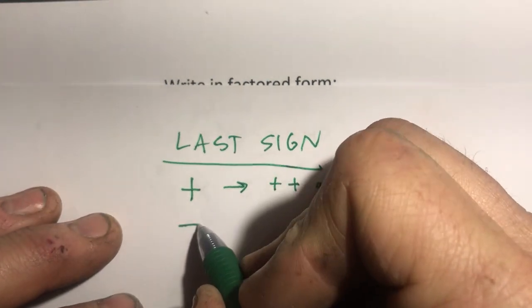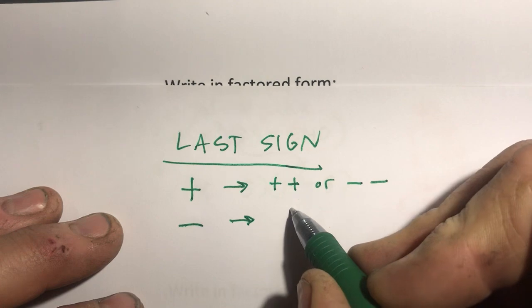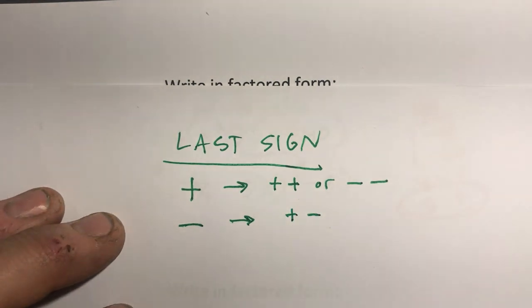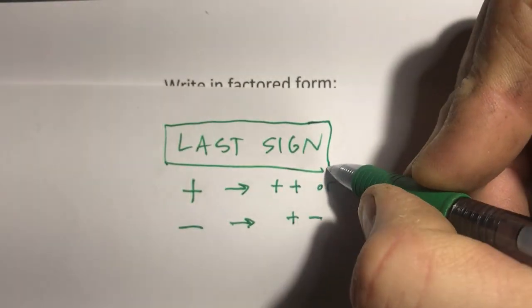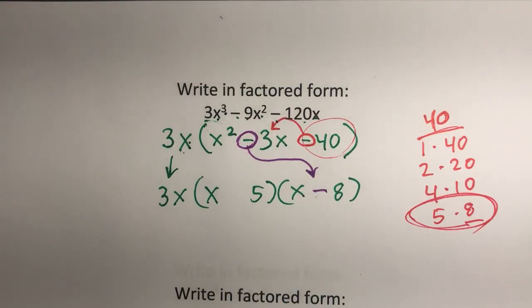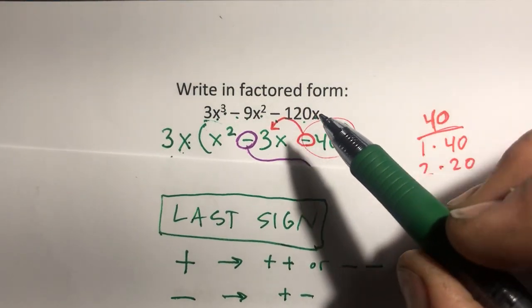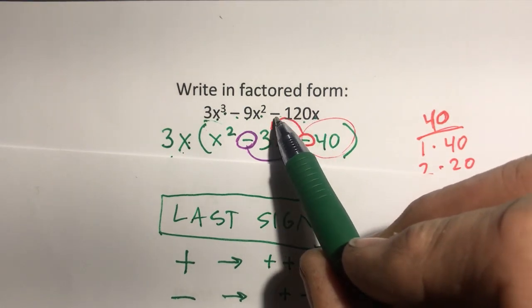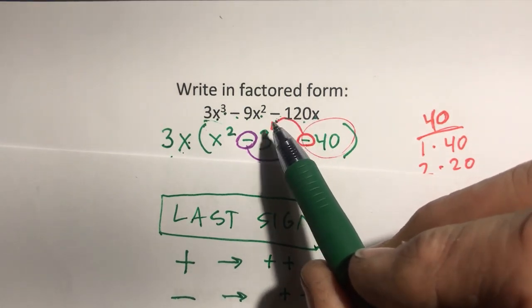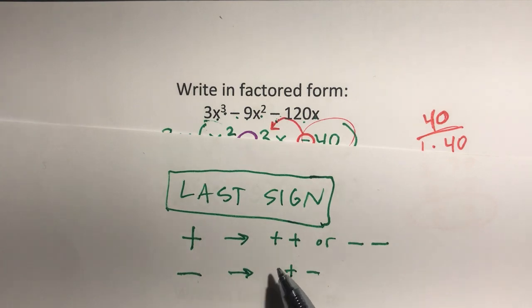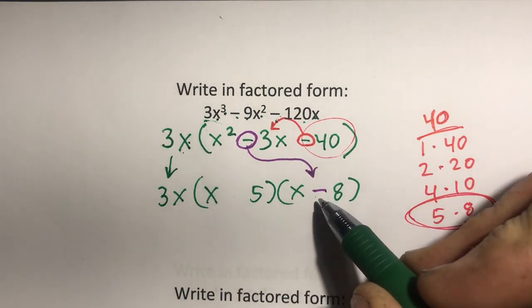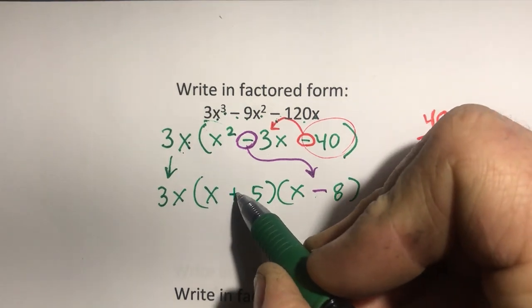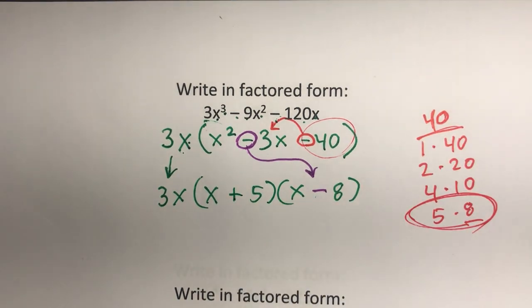If your last sign's a negative, then that tells you you have a positive and a negative. So that's what the last sign tells you. My last sign on this term is negative, which tells me I have to have a positive and a negative in my factors. So I already have a negative, so that means this must be a positive. And there you go, we're factored completely.